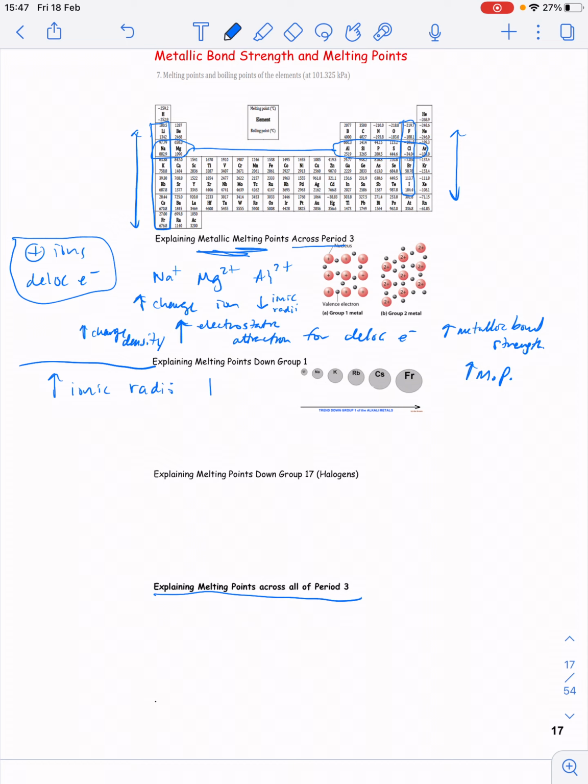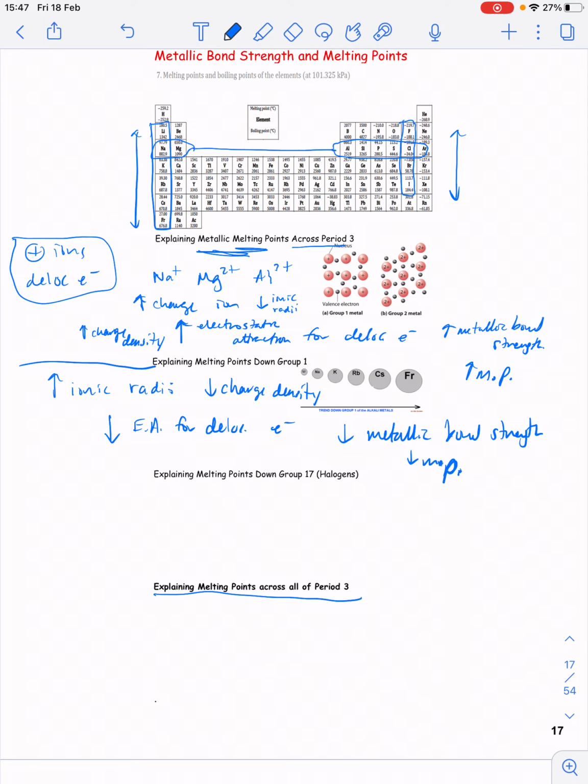We know that's going to decrease the charge density on those metal ions, and therefore we're going to decrease the electrostatic attraction for the delocalized electrons. So we're decreasing the metallic bond strength, and we're decreasing the melting point.